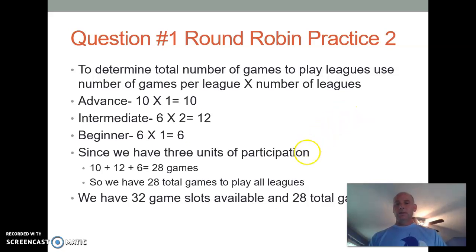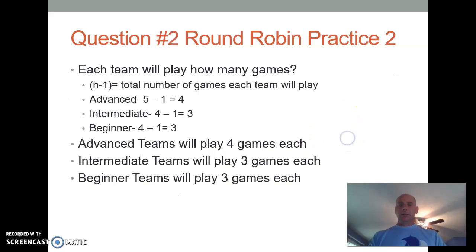Okay, with this league, each team will play how many games? Remember, basically you take the number of teams in the league and minus 1 because you don't play yourself, right? And that'll give you how many teams each team plays. So in advanced, each team will play 4, 5 minus 1, right?